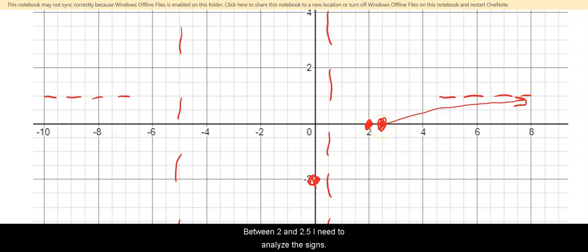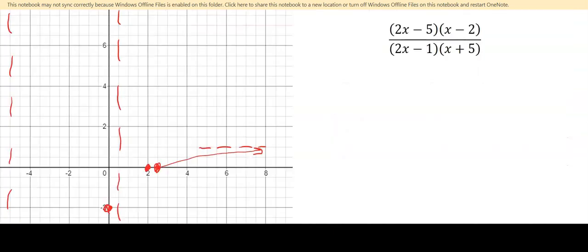Between 2 and 2.5, I need to analyze the signs. To do that, let's reproduce our fraction in reduced form. I want to know what happens between x equal 2 and x equal 2.5. A number between 2 and 2.5 would be x equals, say, 2.25, or even x equals 2.2.